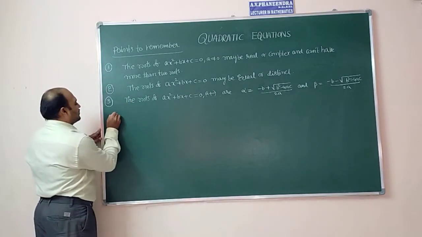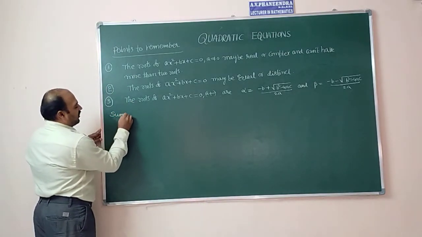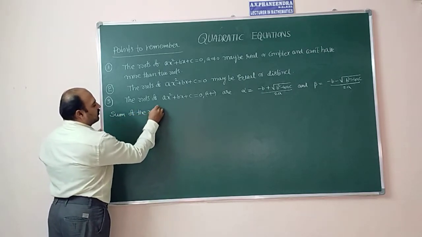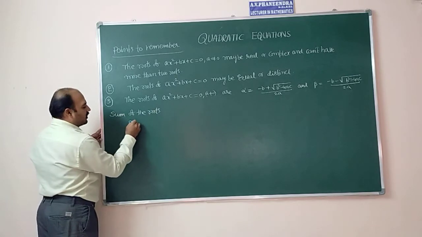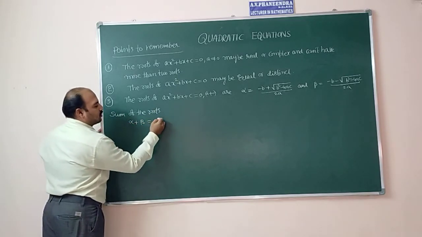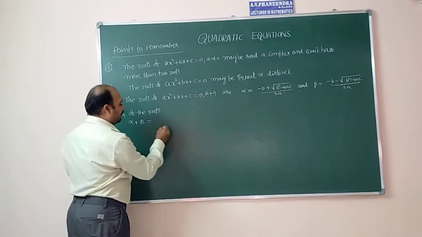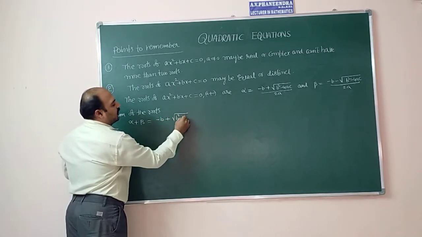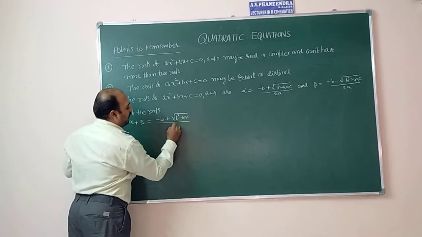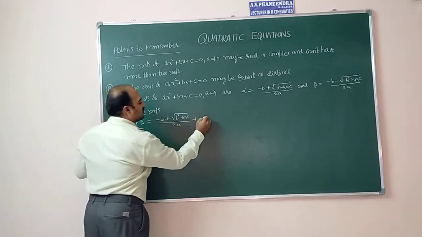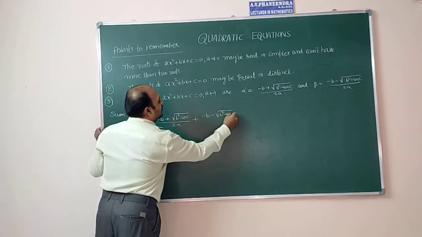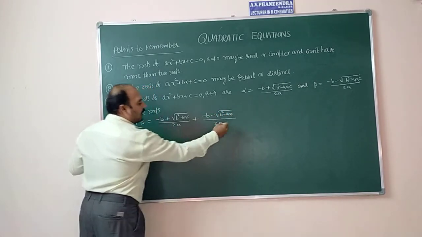So first, sum of the roots. Alpha plus beta is equal to, adding these two, minus b plus square root of b square minus 4ac divided by 2a plus minus b minus square root of b square minus 4ac divided by 2a.